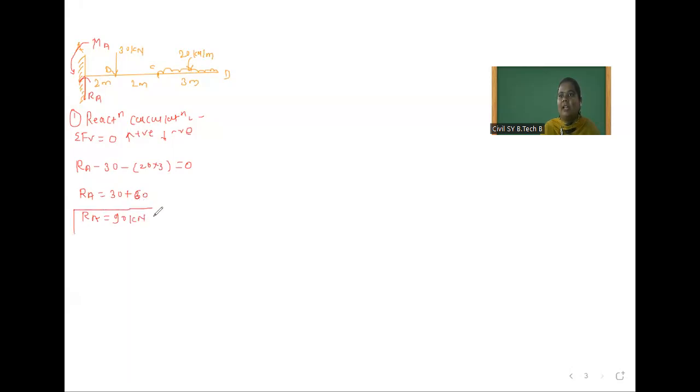Next, summation of moment, we will calculate at A, which is equal to 0. This 20 kilonewton force creates clockwise moment. So 20 into 3 for this UDL to point load.